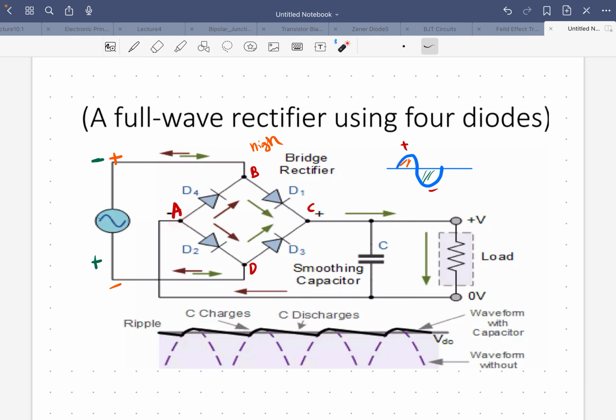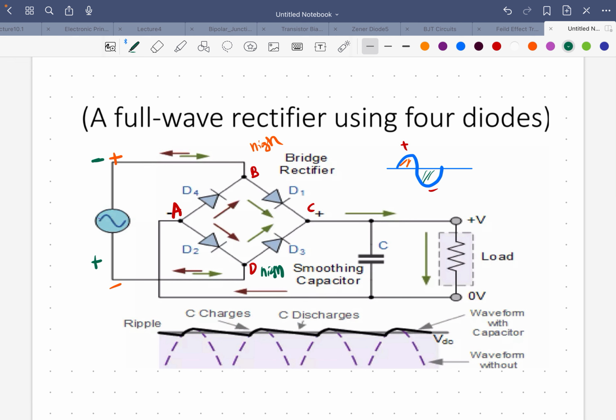At point A, as we have mentioned previously, point B was the high potential, but for the negative side, point D will have the high potential. So from point A, we cannot go from low potential to high potential.